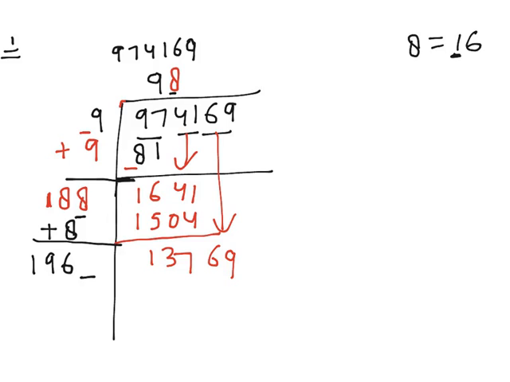Now we have to find the single digit by which we can multiply to get the number 13769. So here that will be 7. It means 1967 times 7 will give 13769. So the steps are the same only. We can remember this in two ways: either we double the new digit, or we take the digit that we are multiplying from the top and add the same digit over here to get the new number.